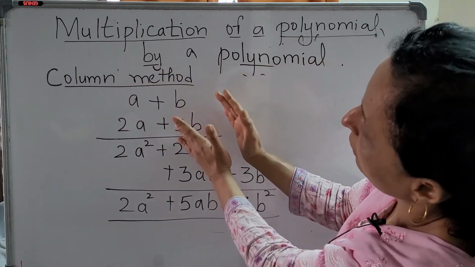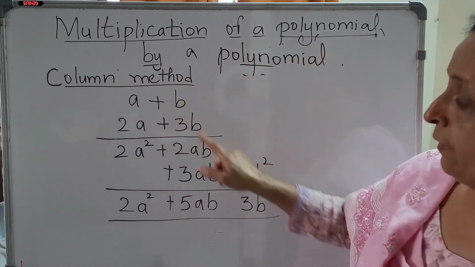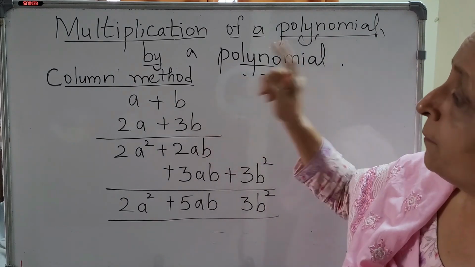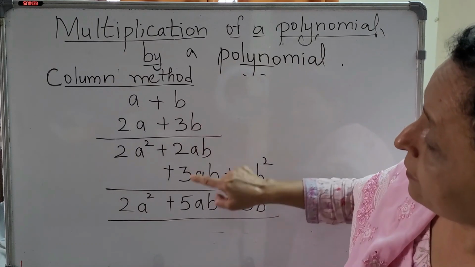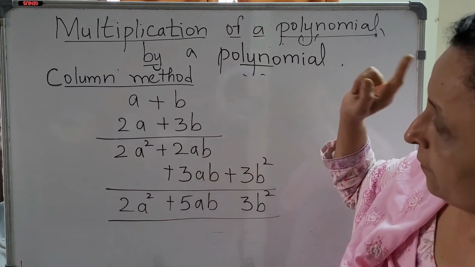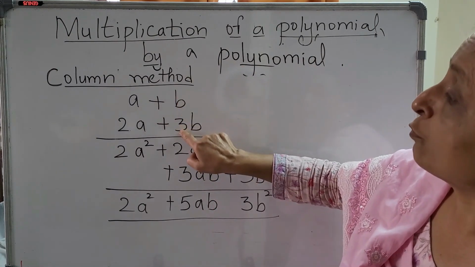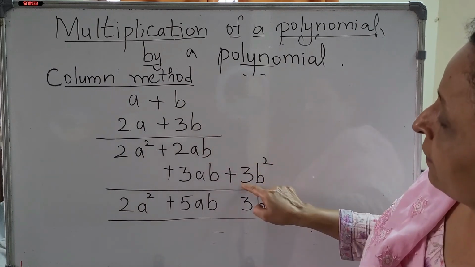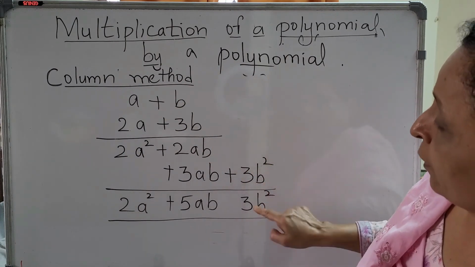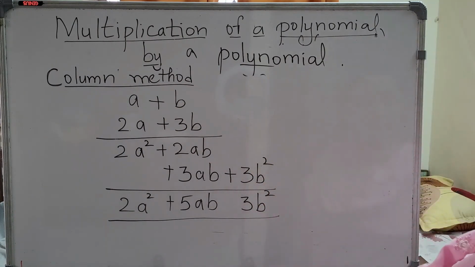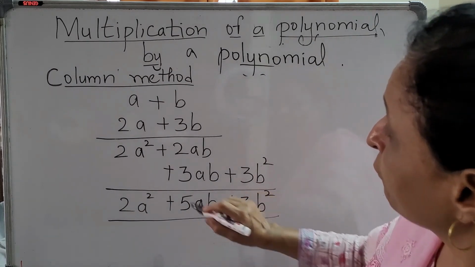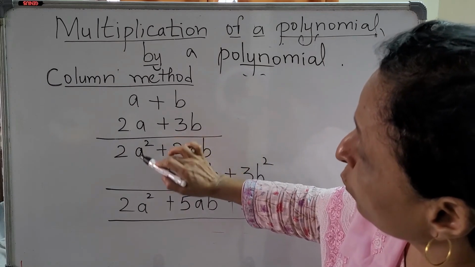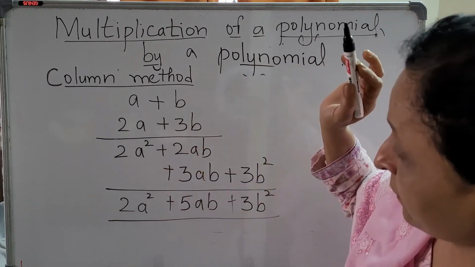Now you take the other monomial 3b of this polynomial. Now a into 3 into b is 3ab. Now b into 3 into b, 3b square. So here you have got 3b square. Now what you have to do is you write 2a square as it is.